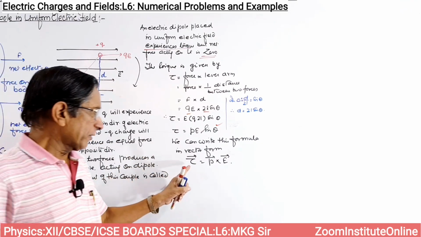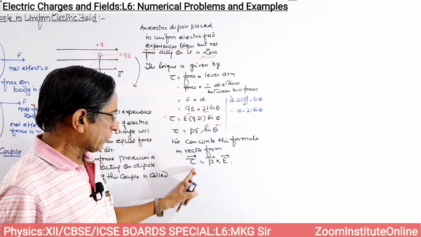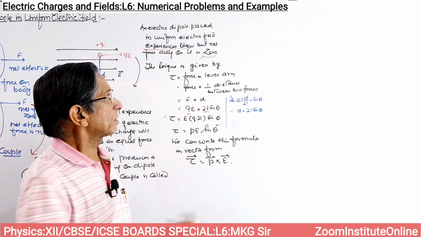So we have obtained the formula for torque. Torque is equal to p vector cross E vector.